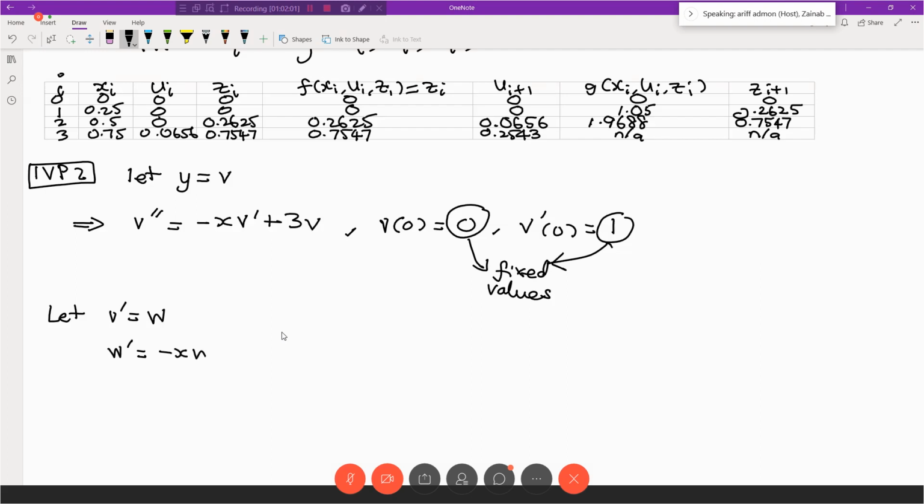So V prime should be W. So how about the condition? For V prime, we should give V. For W prime, we should give W. And the values here from these two, so 0 and 1.